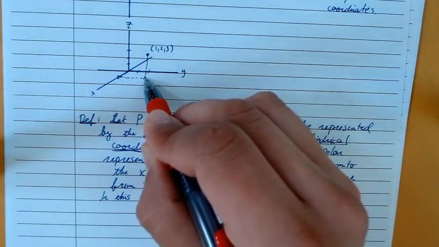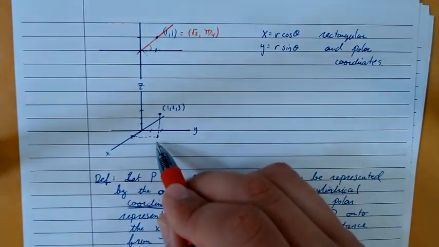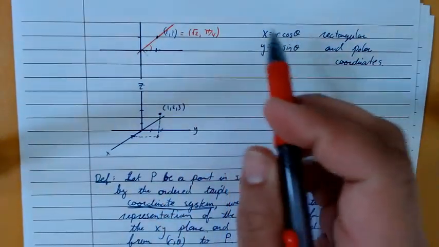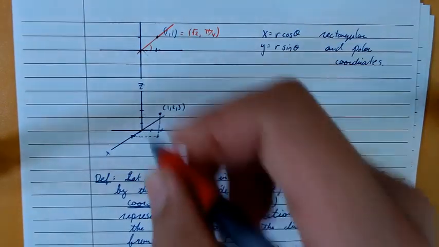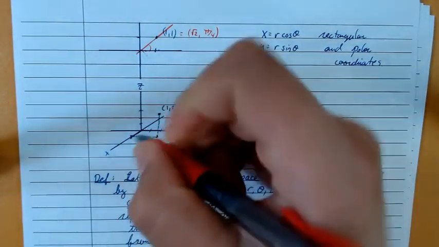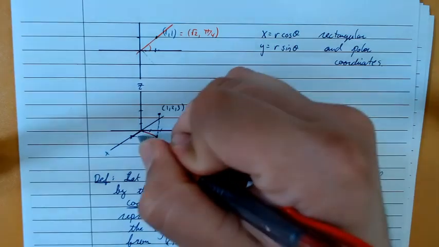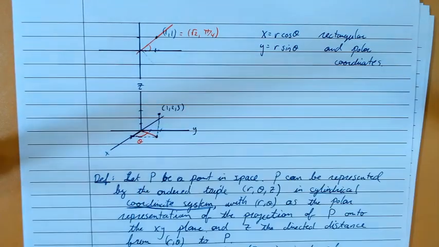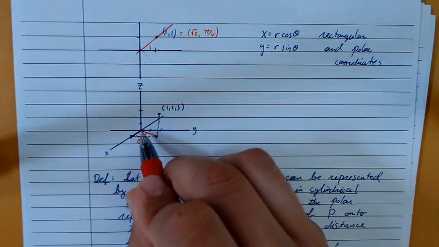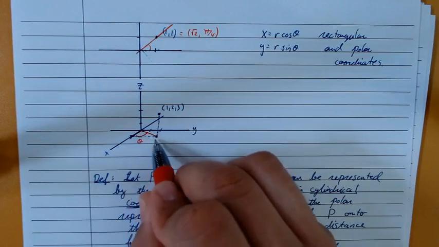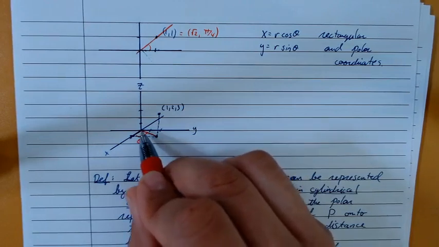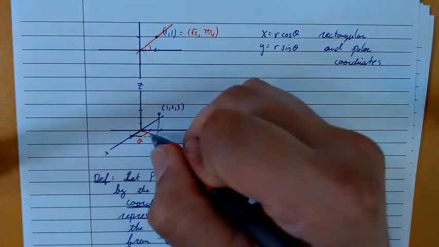Well, now it's on the xy plane. You can use polar coordinates. Okay, so from the positive half of the x-axis, I can measure an angle. That's the angle theta. Okay, now that I know what angle it takes for me to get to here, I can figure out what distance it takes. Okay, the distance is r. I'm going to go forward.